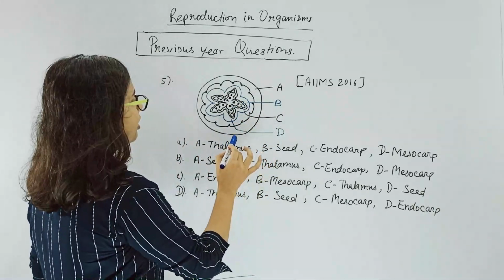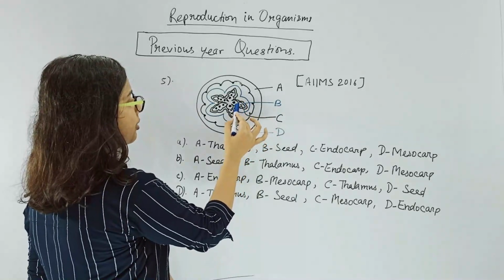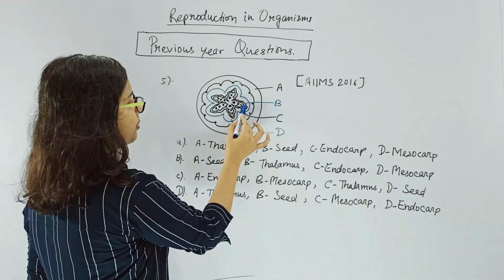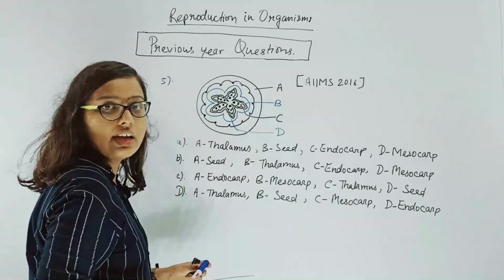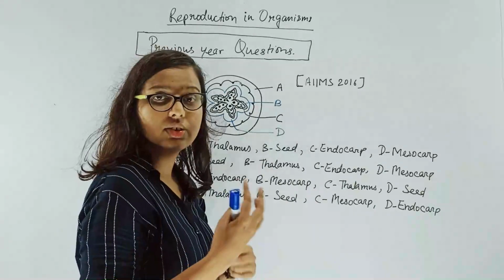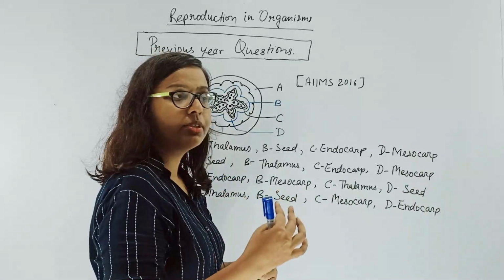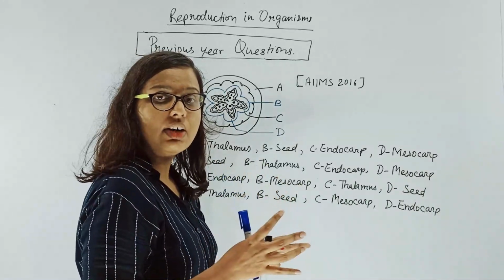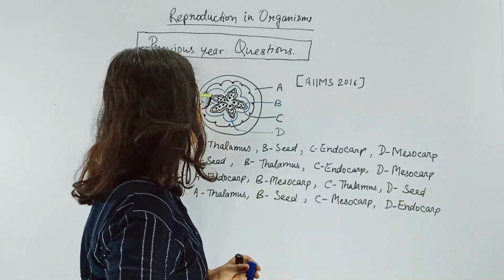The next clue: after the seed, what will be there? After the seed will be the covering. This covering is the endocarp. I have already discussed in the previous lecture the three layers of a fruit wall. The outermost layer is the pericarp, the middle one is the mesocarp, and the innermost one is the endocarp.